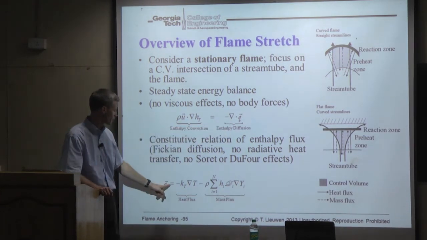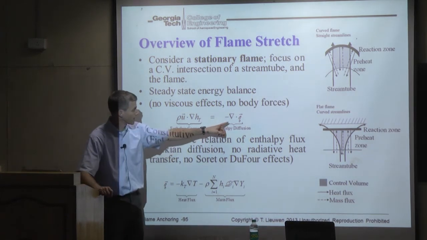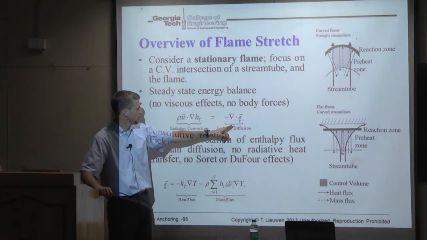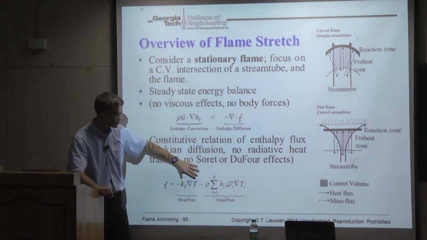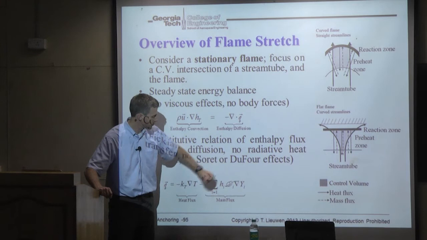Here's my heat flux vector, my enthalpy diffusion term here. I have a heat flux term, which I'm just going to assume is Fourier conduction, and then you have this mass diffusion term.